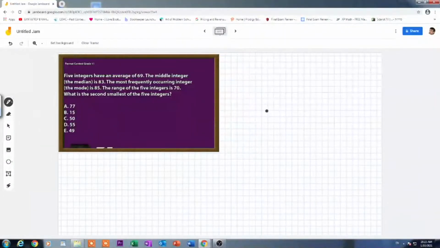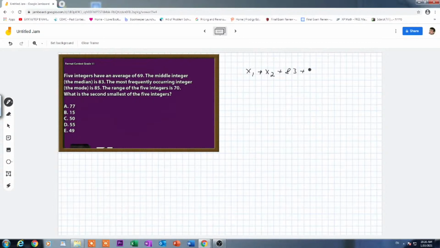Question number 5. 5 integers have an average of 69, right? So we're going to mark them. Oh, sorry. The middle integer is 83. And the most frequently occurring integer, the mode, is 85. The median is 83.